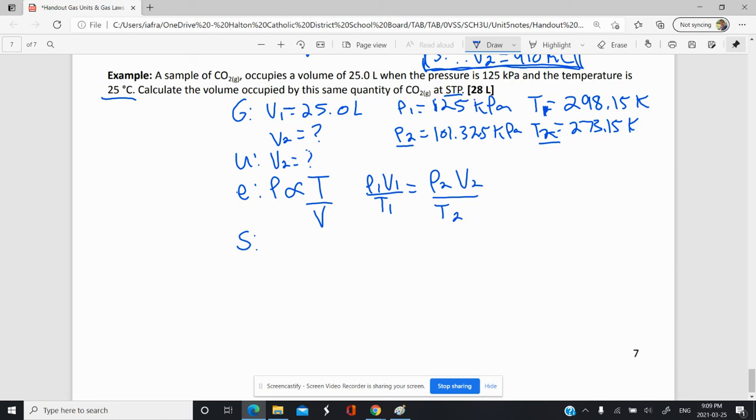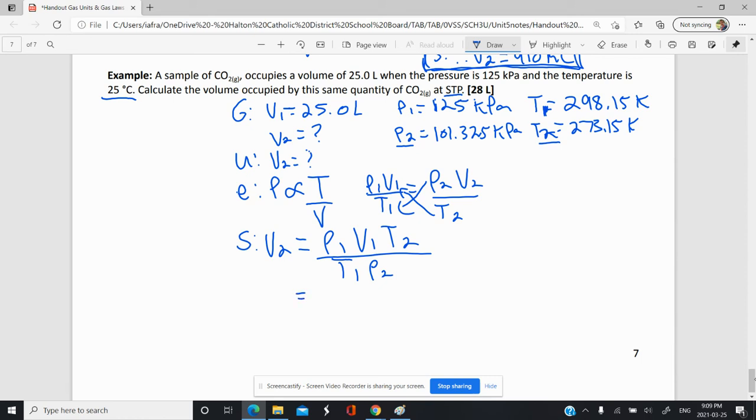And I'm actually going to solve for V2 even before I plug everything in. So if I want to solve for V2, I'm basically sending this down here and this up here. And so my V2 is going to be P1 V1 T2 over T1 P2.